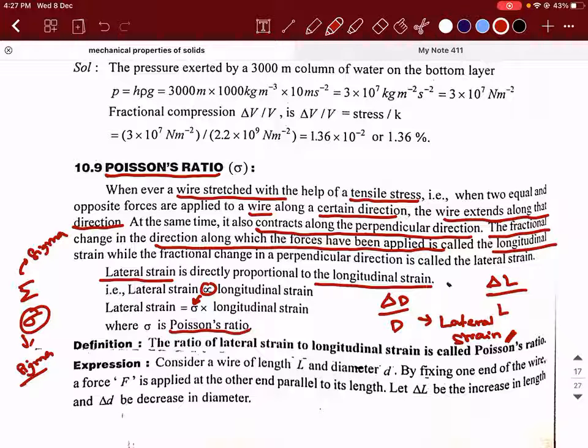So how do you define Poisson's ratio? It is defined as the ratio of the lateral strain to the longitudinal strain. Right? The ratio of the lateral strain to the longitudinal strain is called the Poisson's ratio. Okay.